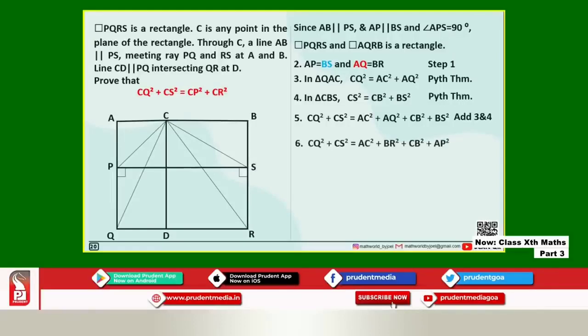So in step number 6, right, I have written exactly the same thing. All I have done is tried to replace AQ, I'll just show it to you here. AQ is equal to BR, right? So in that step number 5, wherever AQ was there, I have written BR, and since AQ square, I have written BR square.